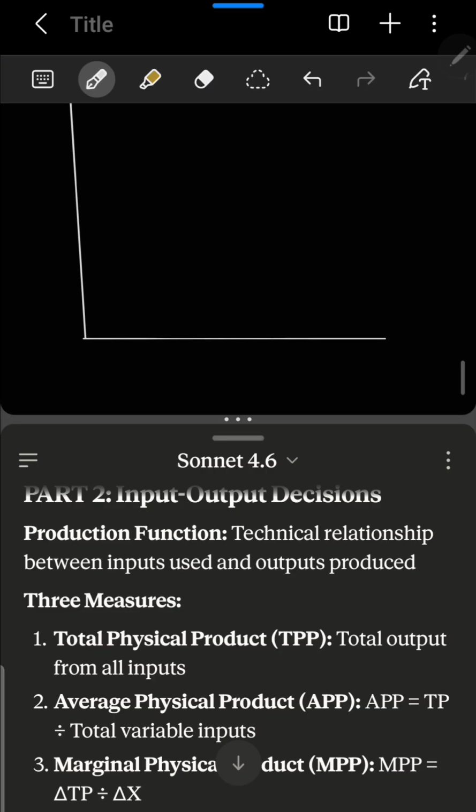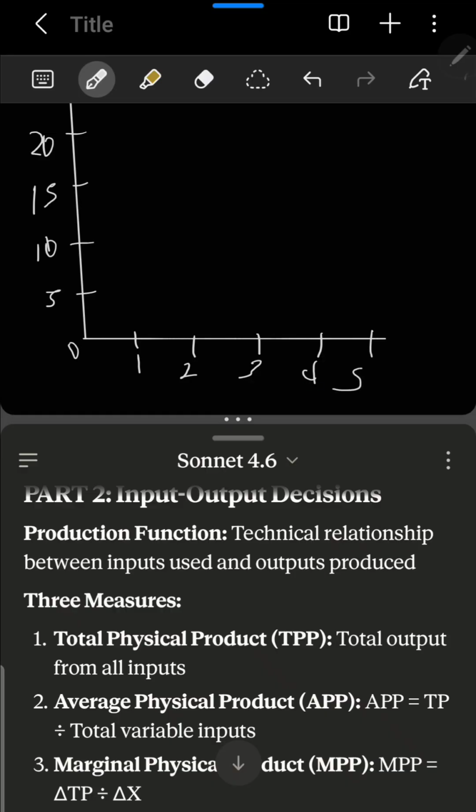So we have our axes, with 1, 2, 3, 4, 5 bags and yield of 5, 10, 15, and 20.